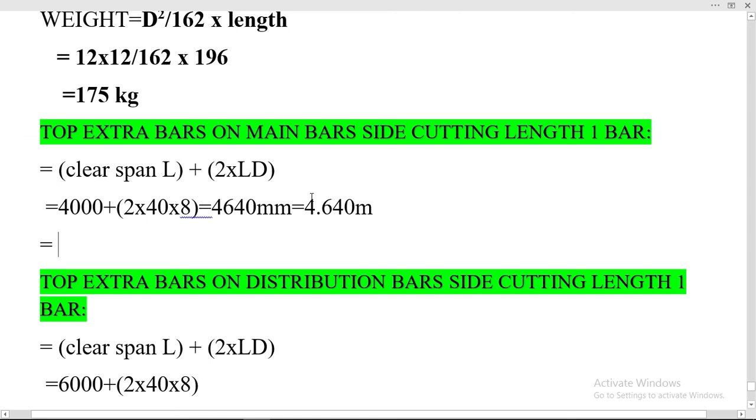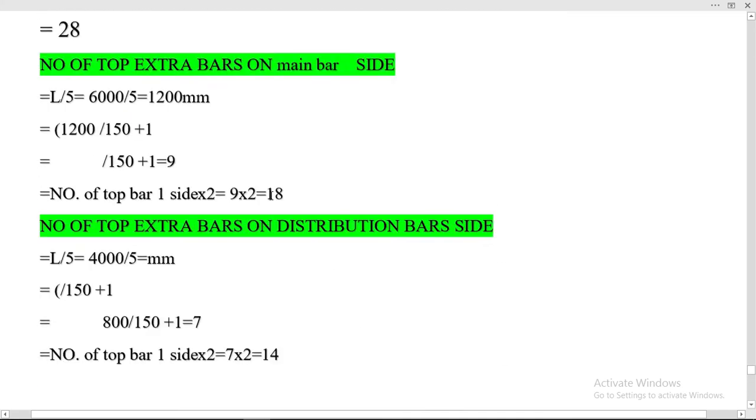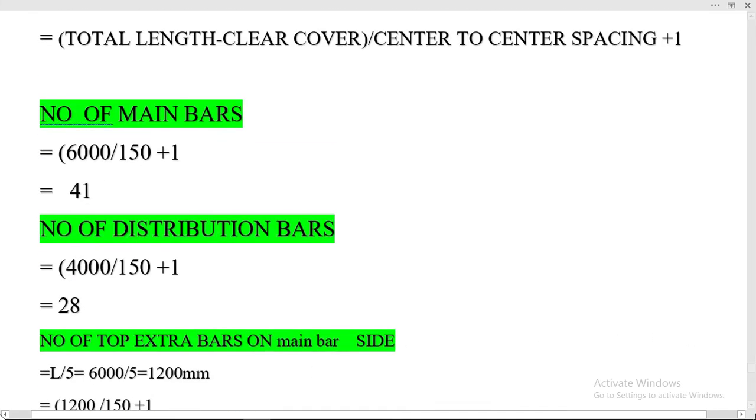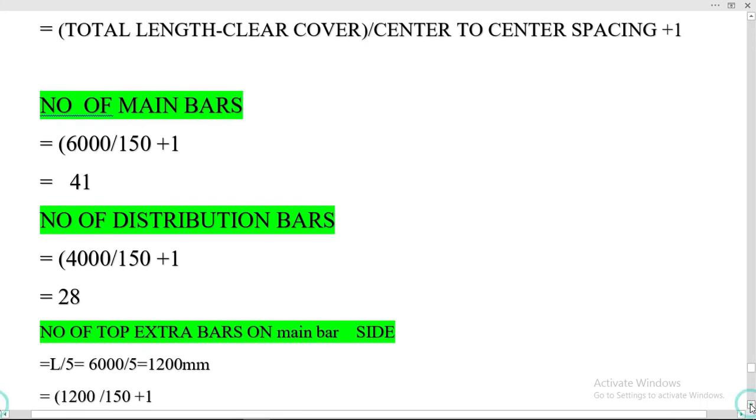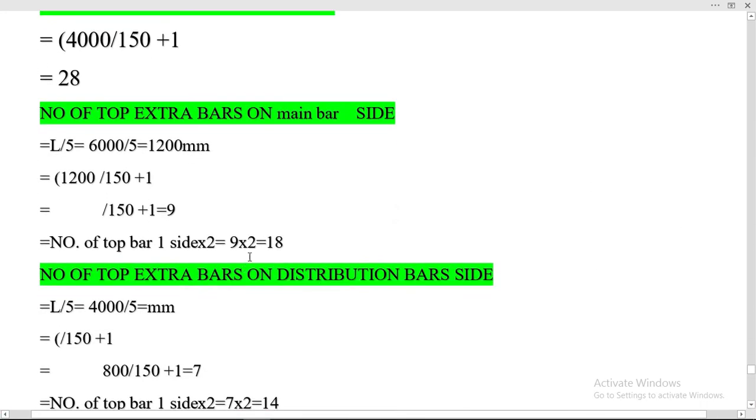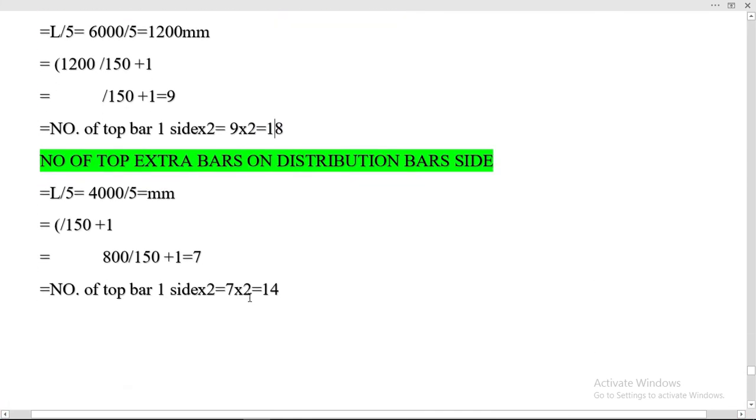To calculate the total cutting length on the shorter span, we multiply the one bar cutting length with the total number of top extra bars on the shorter side. On the shorter side we have 18 and on the longer span side we have 14.